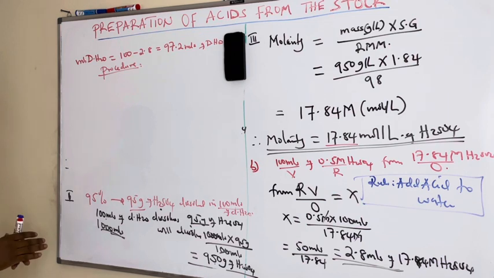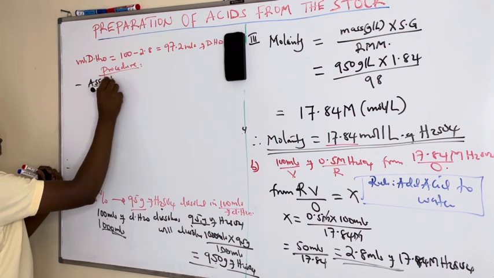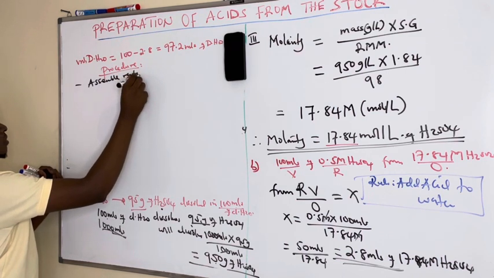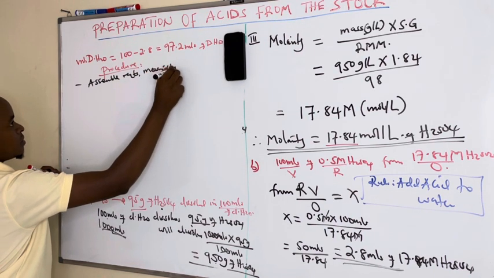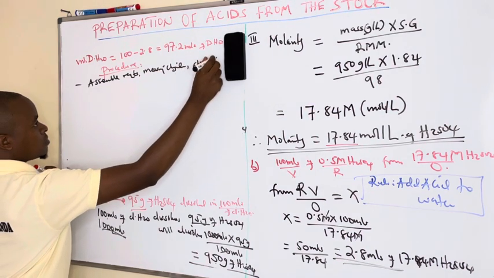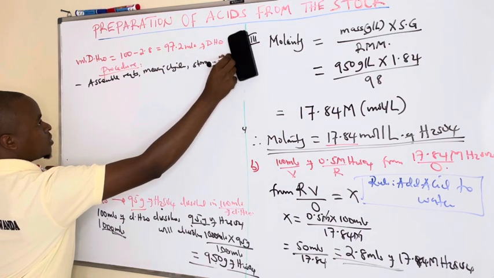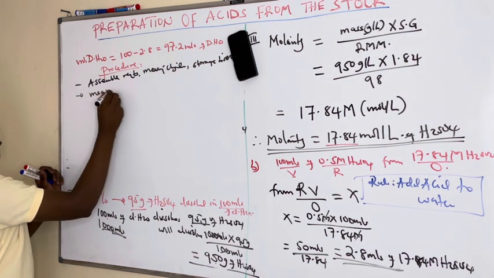The procedure number one is, of course, you first assemble those requirements: the measuring cylinder, the storage bottle, and so on.